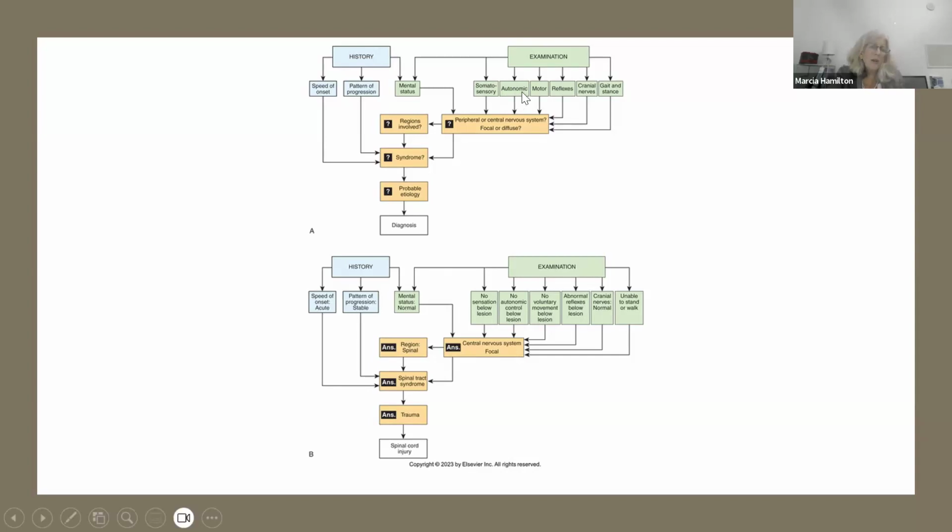We learn about looking at the autonomic nervous system, what's going on with that in terms of sympathetic versus parasympathetic system, and the motor response. So, is our patient able to go through a functional active range of motion? We know if they have a functional active range of motion in both upper extremities, then we can test the muscle tone. And then from there, we'll test the muscle strength. So that will be part of looking at the motor system.